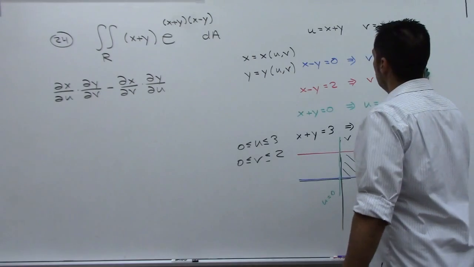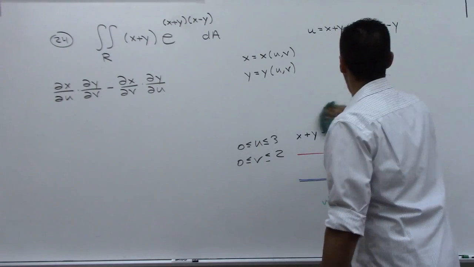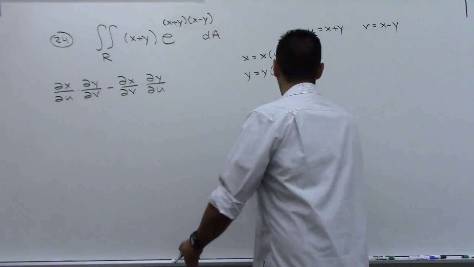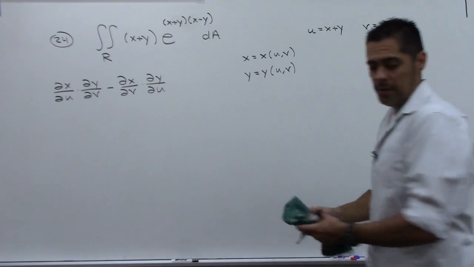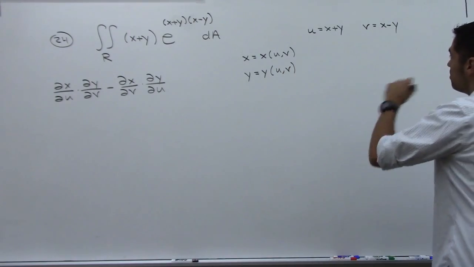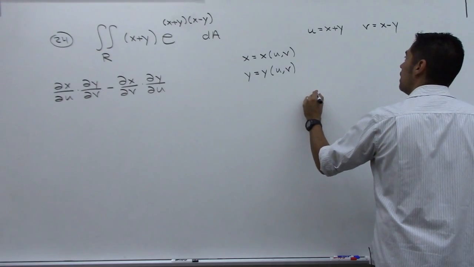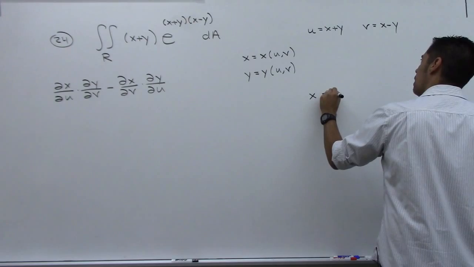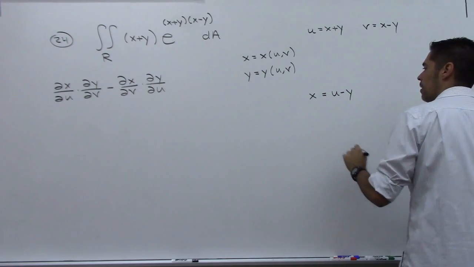All right. So let's try and get x to be a function of u and v, and y to be a function of u and v. Here's what I'll do. Let's solve this for x. x must be equal to u minus y.